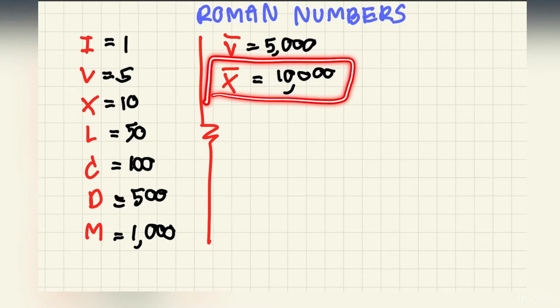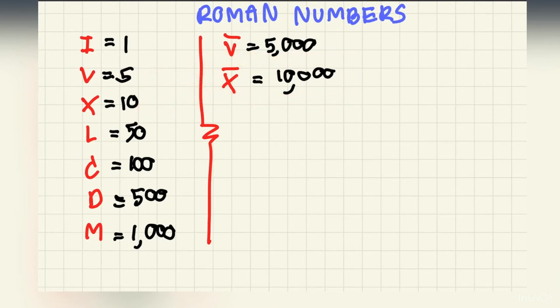So X, the normal X, is equal to 10. But if we add 3 zeros, it would then equal 10,000. So it's the same pattern. You could use the same method of recognizing the numbers with the bars. The L bar is equal to 50,000.